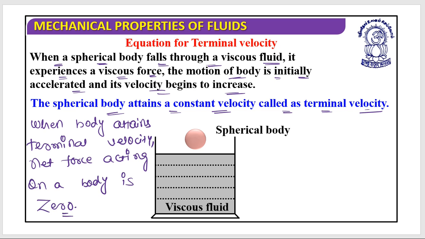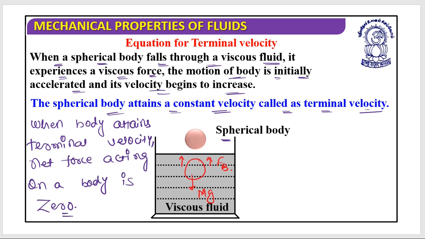So let's look at this. It is the spherical body, and it is going to be dropped into this viscous fluid. When it has been traveling through the fluid, it has certain forces acting on it. One force is m into g, the weight force. Another force is Fb, the force of buoyancy.